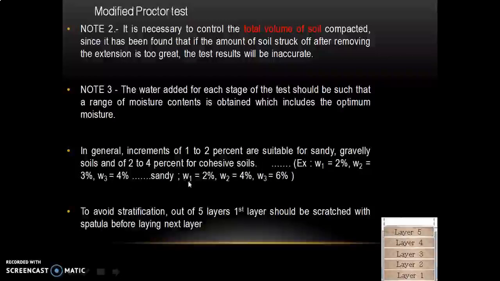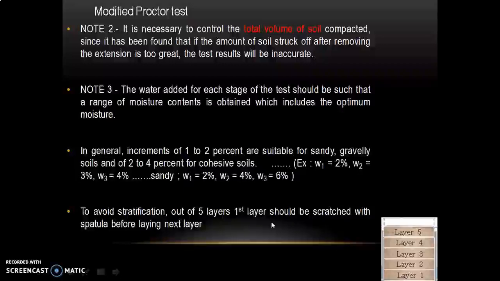Whereas for cohesive soil, if the water content for the first trial is 2%, and if we consider an increment of 2%, then W2 will be 4%, and again with an increment of 2%, W3 will be 6%. That means if, for example, I take W1 as 2%, I cannot directly take W2 as 10%. There should be a gradual increase in the addition of water, with an increment of 2% for cohesive soils.